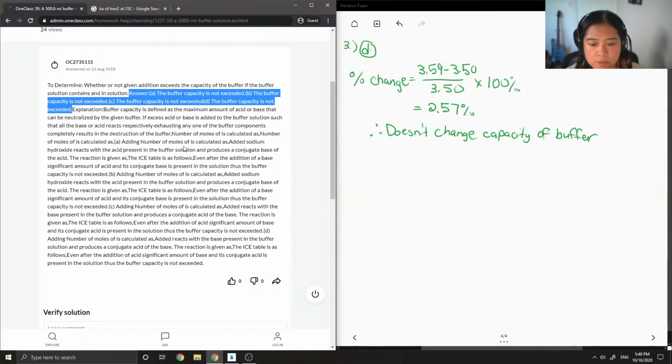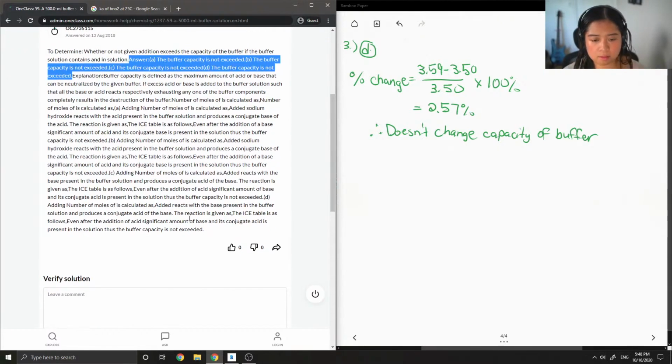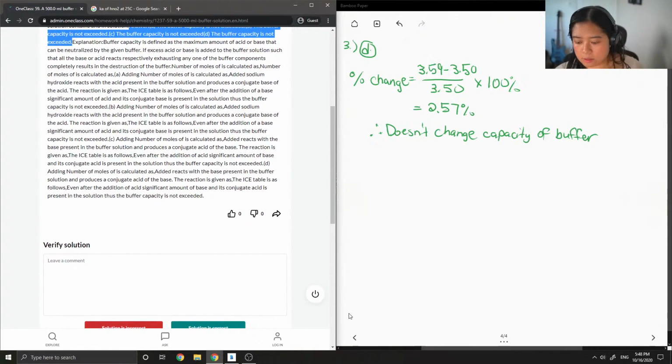Okay, so number of moles calculated. They made some ICE tables. Yeah, so the solution looks correct.